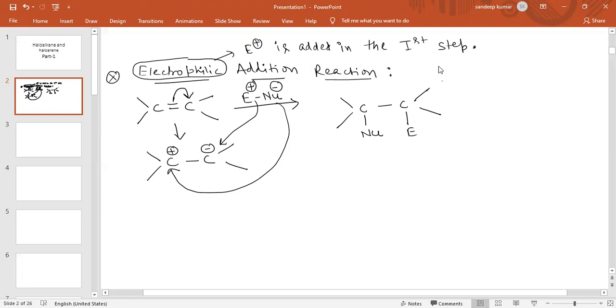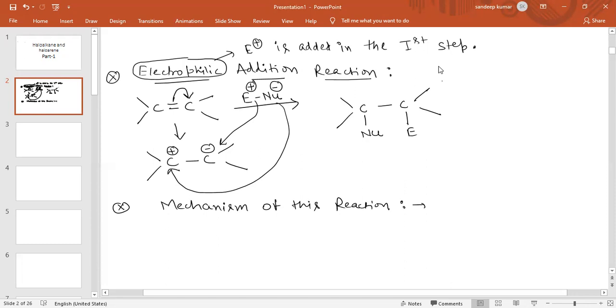Therefore, we call this reaction an electrophilic addition reaction. Now see what happens. Now I am going to discuss the mechanism of this reaction.